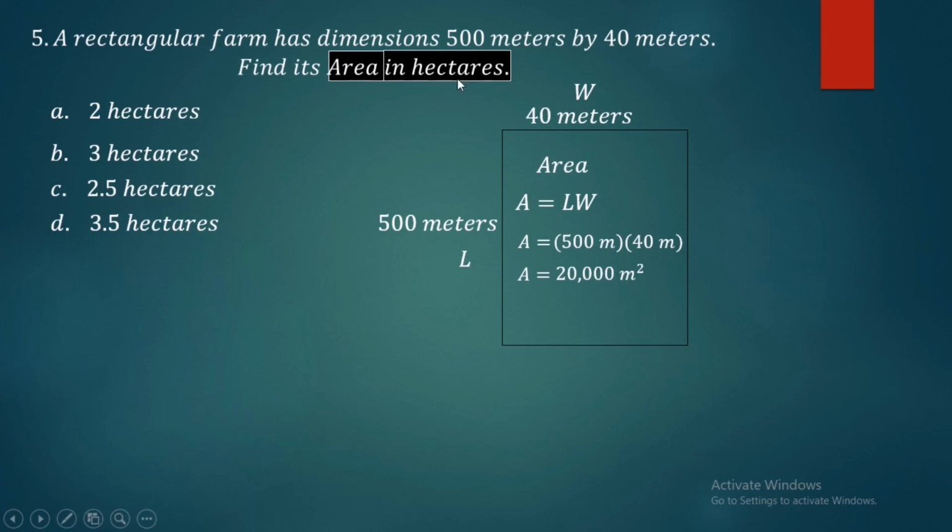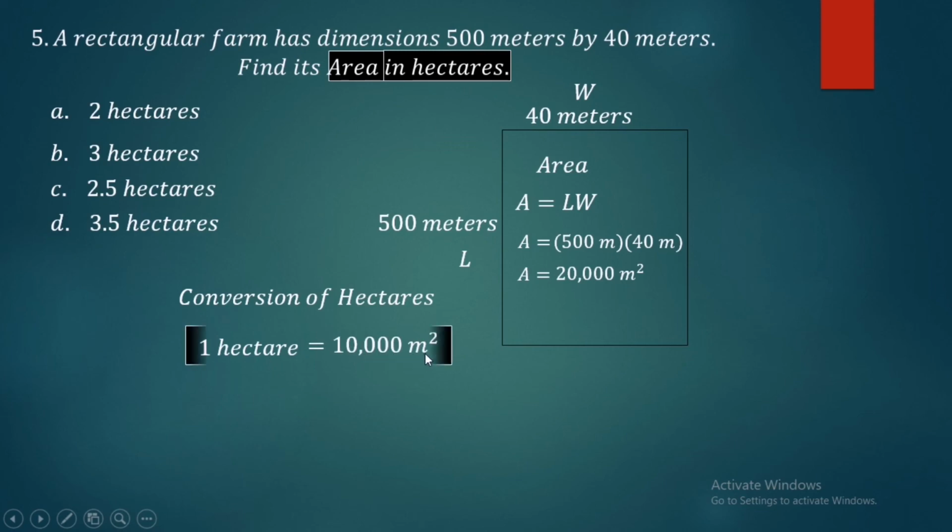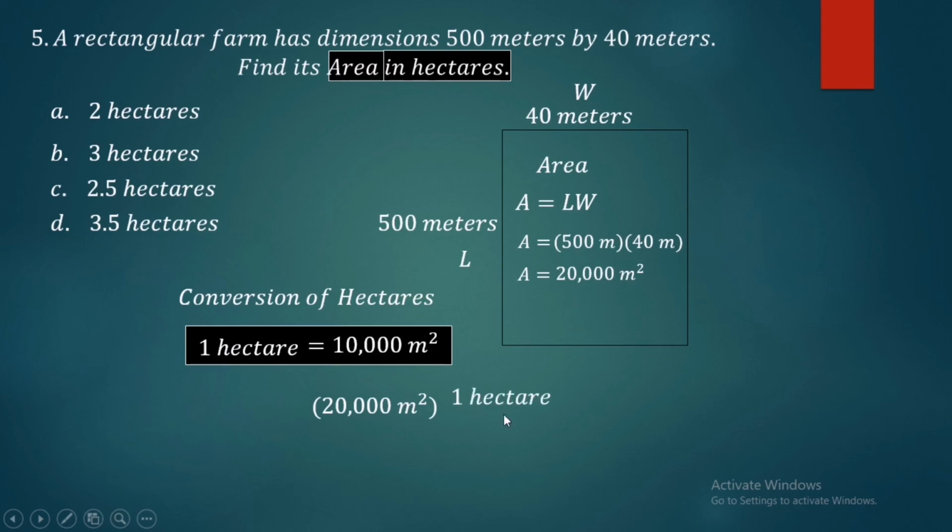And we are asking for the area in hectares. So let's convert the 20,000 square meters. We have here the conversion for hectares. 1 hectare is equal to 10,000 square meters. So let's convert 20,000 square meters multiplied by the conversion, 1 hectare over 10,000 square meters. Then we cancel the square meters here.